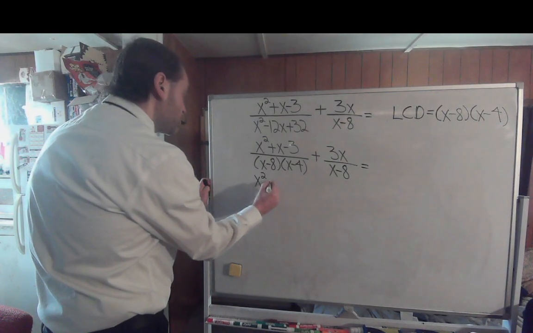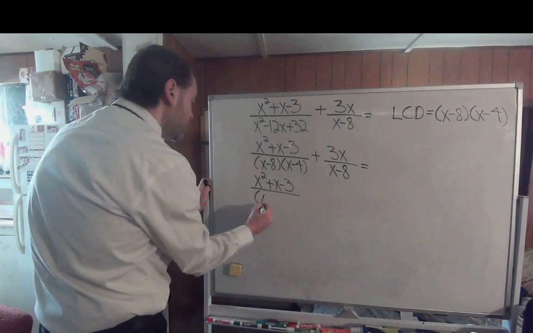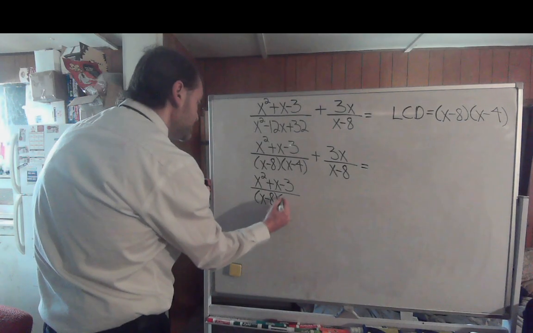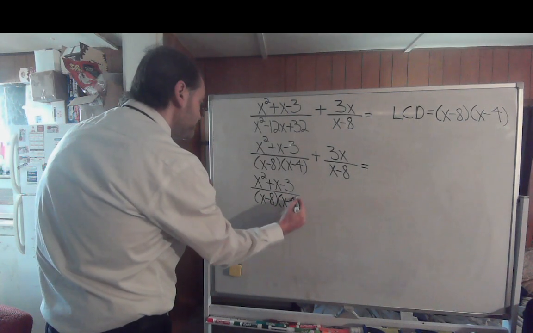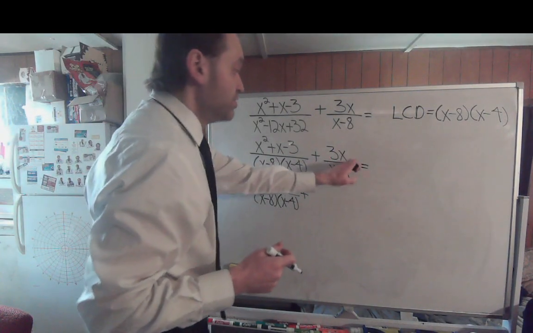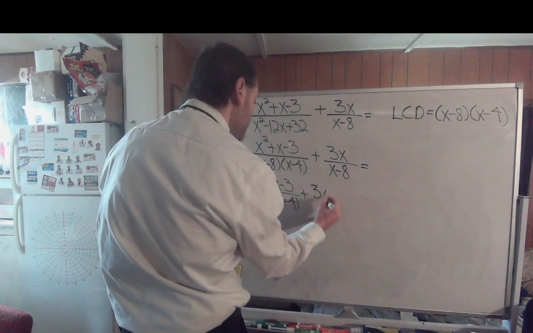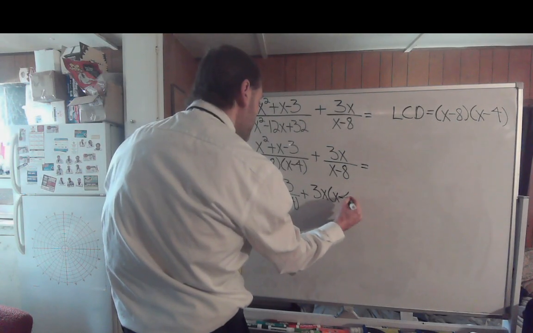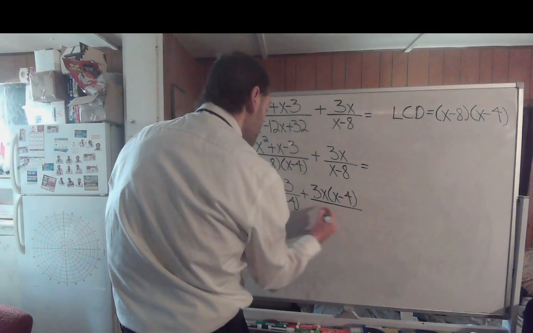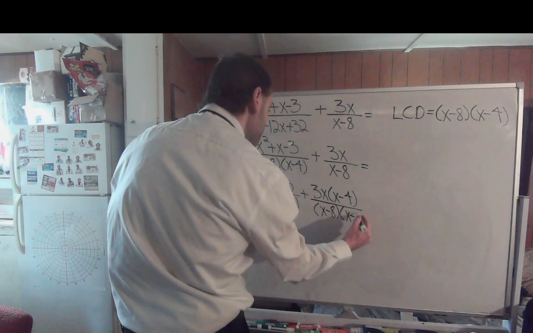This will be (x squared plus x minus 3) all over (x minus 8) times (x minus 4). Now, for the second term, you need to multiply both numerator and denominator by x minus 4. So this would be 3x times (x minus 4) all over (x minus 8) times (x minus 4).